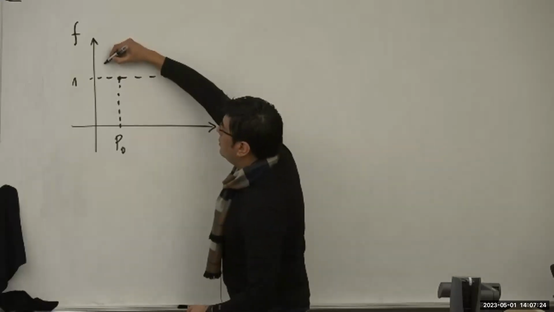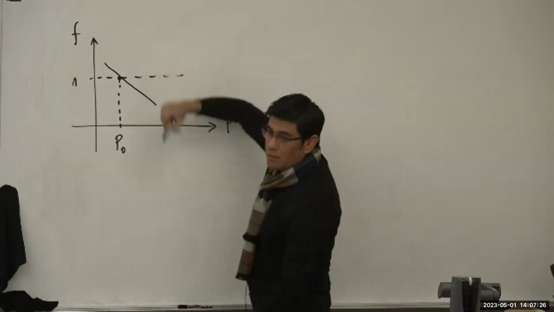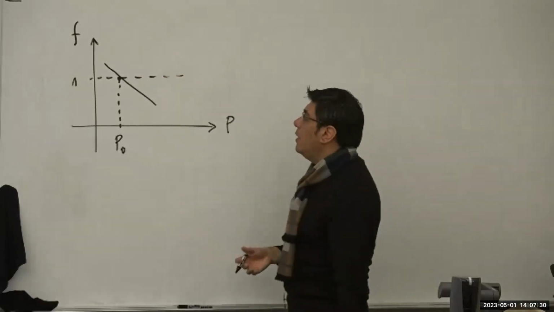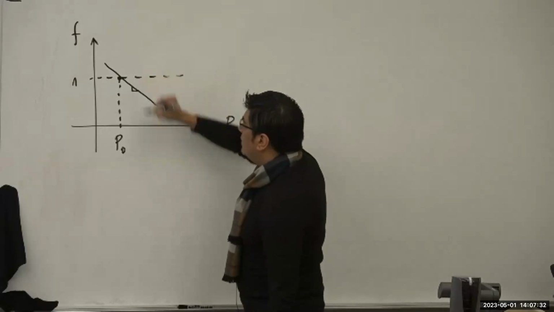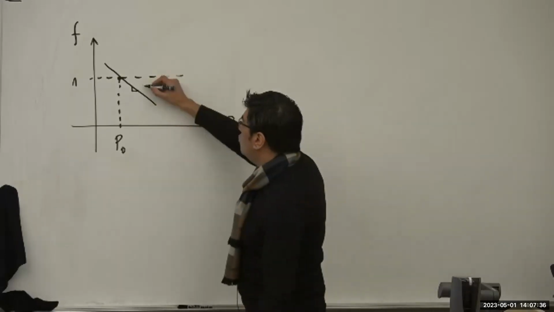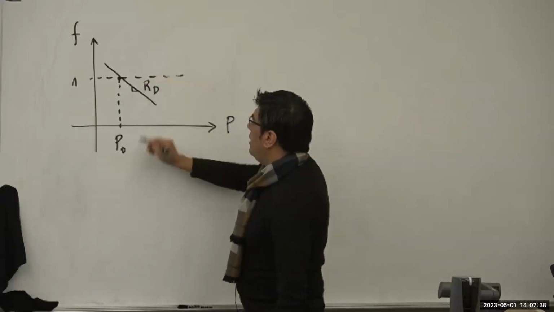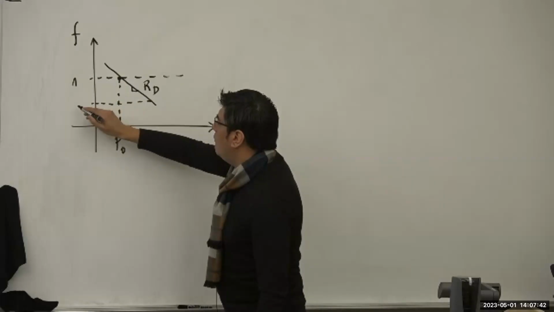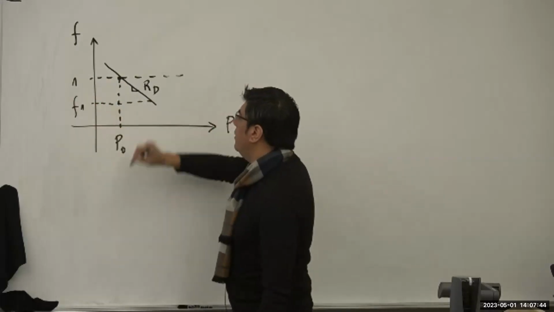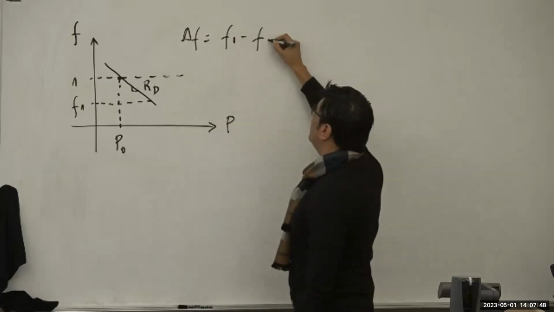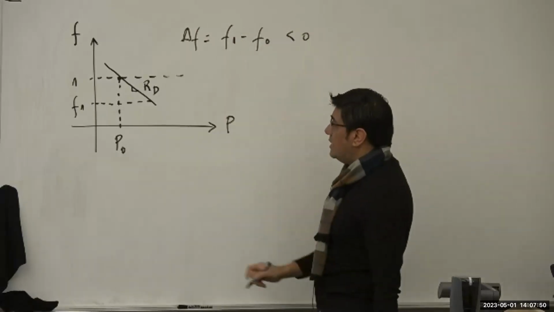So we decide to use this inverse characteristic. That's why we call it the droop characteristic. And this slope is going to be the speed regulation constant we're going to use. So basically, if you have a frequency here, F1, so you have a delta frequency that is F1 minus F0, and this is negative.